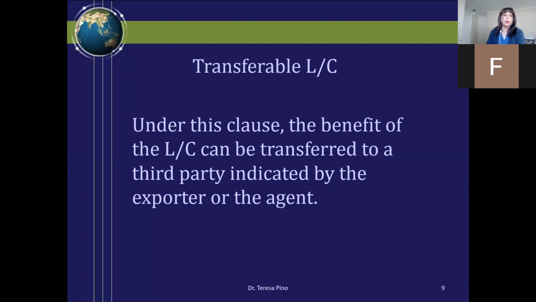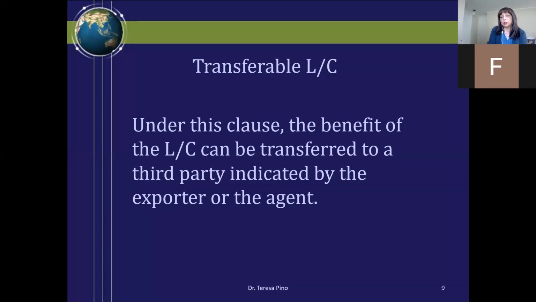Let's say a supplier. Let's say that he owes money to a supplier, and he may request the importer to make the letter of credit, let's say 80% to his own benefit, as a beneficiary, and then another percentage to somebody else. Therefore, he is transferring part of the benefit to the other person.